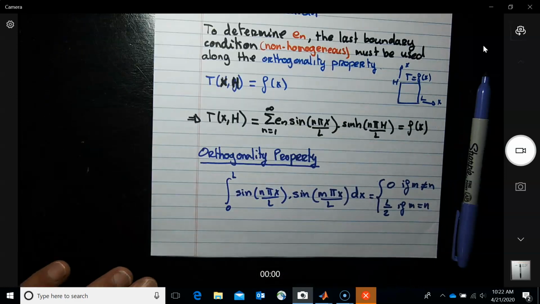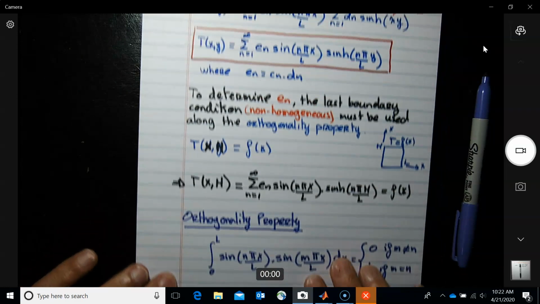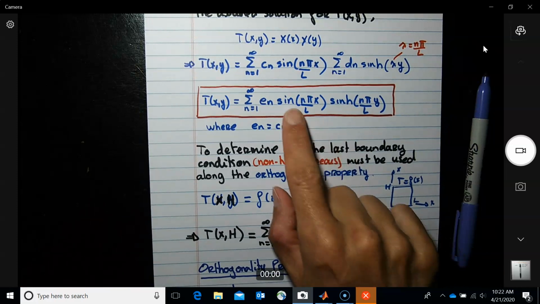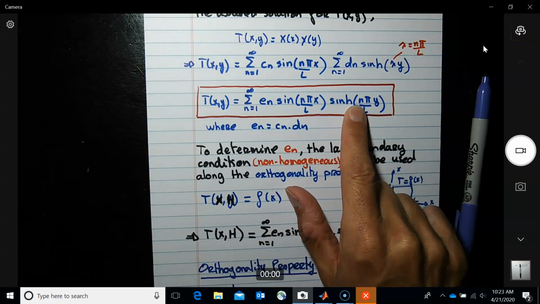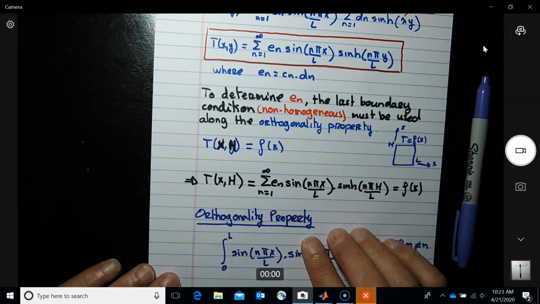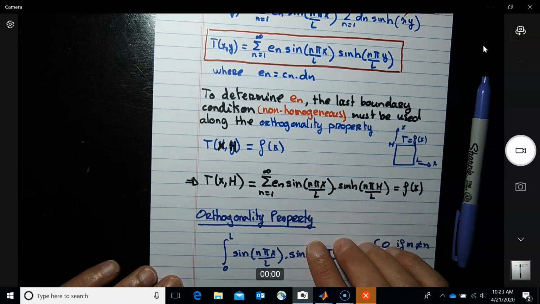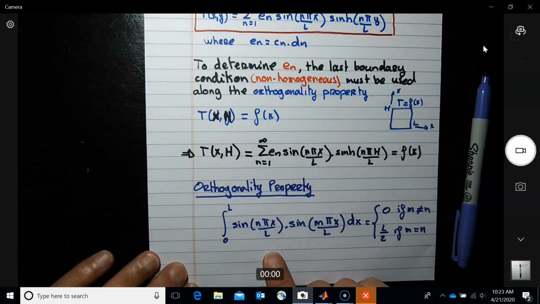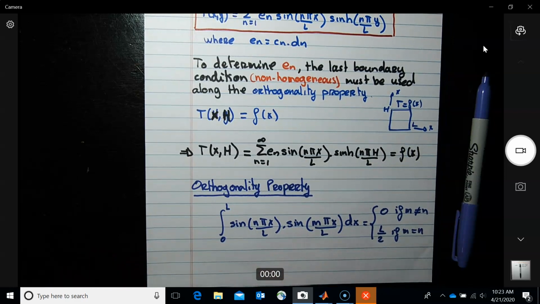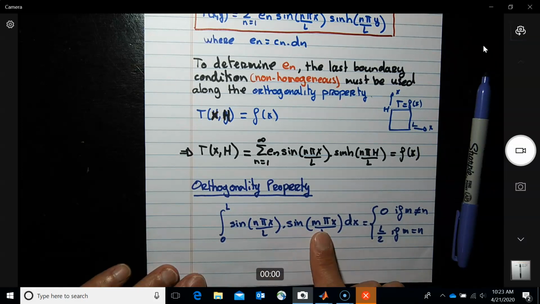So what were the eigenvectors? The corresponding eigenvector for the x problem is the sine, and for the y it is the sinh function. So all the eigenvectors should obey the orthogonality property. Even the Bessel functions, believe it or not, are also eigenvectors, so they should also follow this property, but this is not part of the problem here.